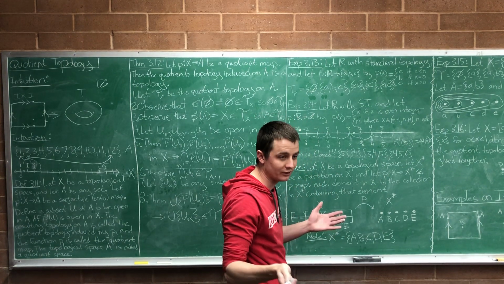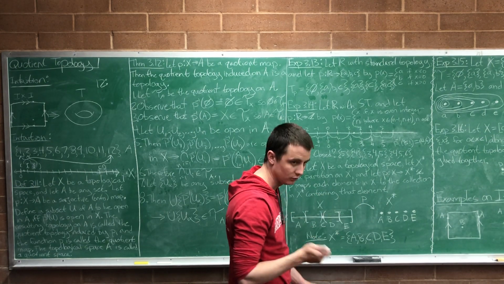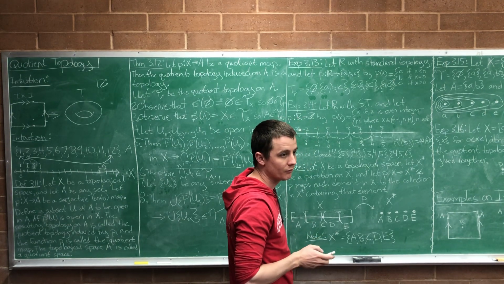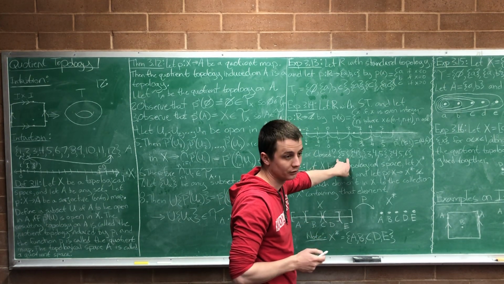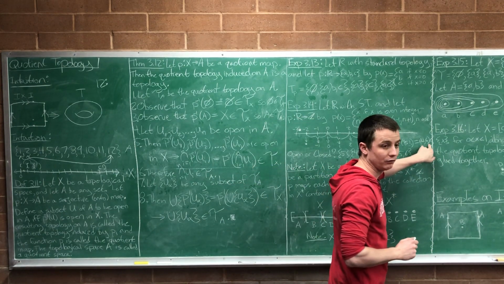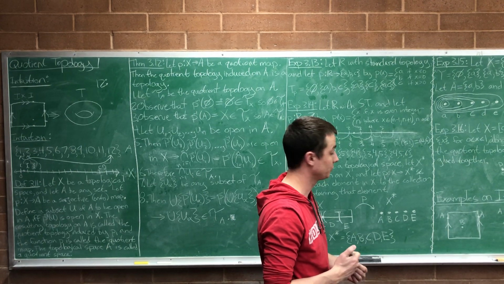Now remember, just because a set's open doesn't necessarily mean it's not closed. A set can be both. So let's also check to see if it's closed. Is the set containing 5 closed? No. Its pre-image, the open interval 4 to 6, is not closed in the real numbers with the standard topology.